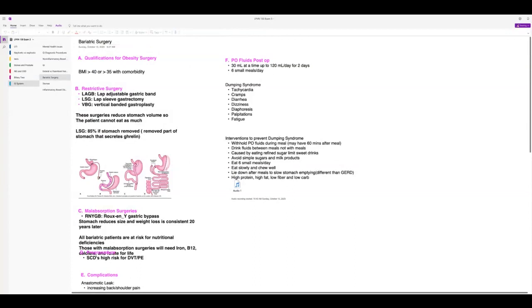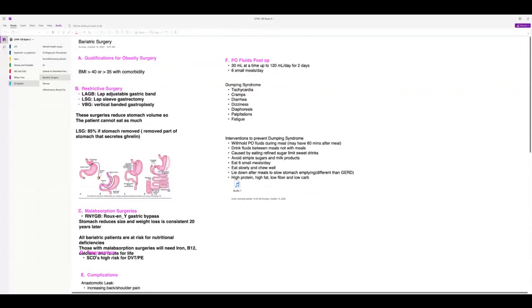When they first start eating and drinking, they can only drink 30 milliliters at a time, up to 120 milliliters for the first day. I'm just trying to point out that it's a small amount of fluid, spaced out. And then they also have to eat 6 meals daily.